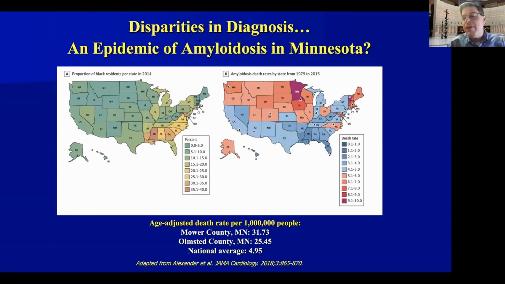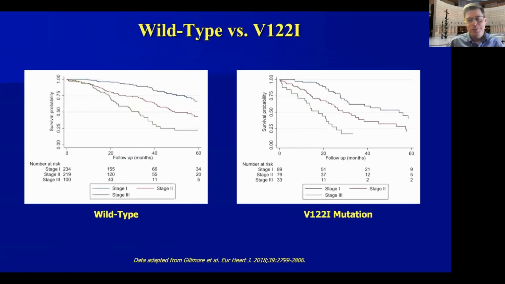And over this time period, the biggest amyloid center in the country was at Mayo Clinic. And you can see that in the people who lived near Mayo Clinic, you had about a 6 or 7 times rate of amyloidosis listed on your death certificates as the national average. So what does that say? You'll only find amyloidosis if you suspect it.